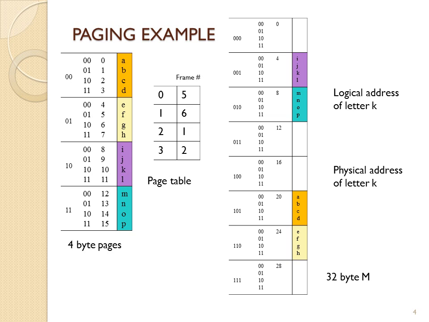And if you look in your actual physical memory where the letter F is, the offset is going to be the same. The offset is going to be 1 and it's going to be located in frame 6.